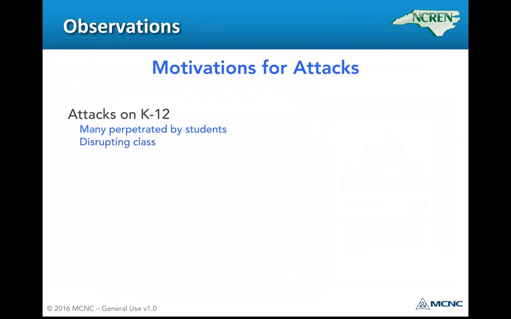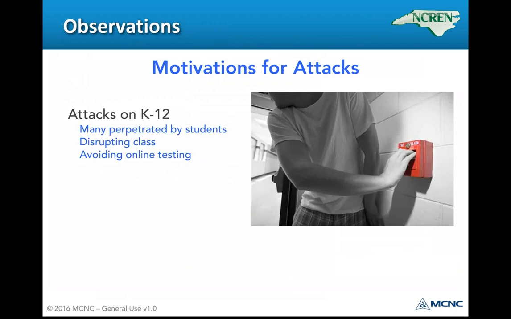Their students are intent on disrupting class or avoiding online testing. So as instruction and testing moves more and more online, the students have found that they can disrupt those activities with these DDoS attacks. And we kind of term this as the modern day equivalent of pulling the fire alarm to get out of class.